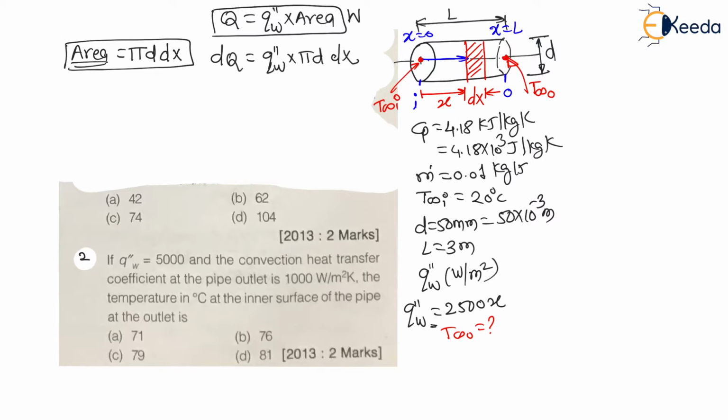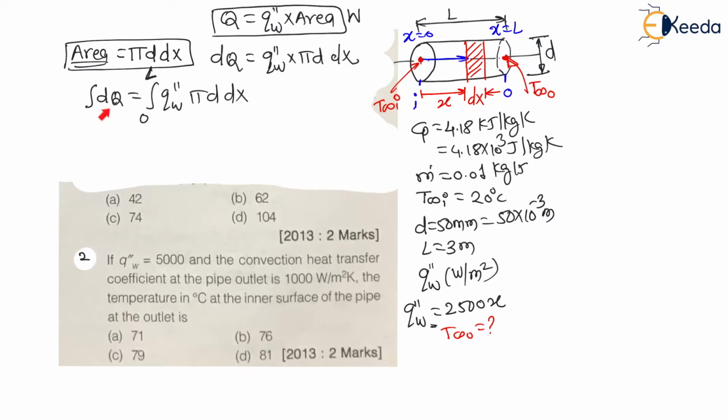If I want to calculate the total heat transfer through the complete area, then x is varying from 0 to L. Therefore, I have to integrate. So let us integrate both sides. Therefore, integration dq is equal to integration q double dot pi d dx. And here x varies from 0 to L.